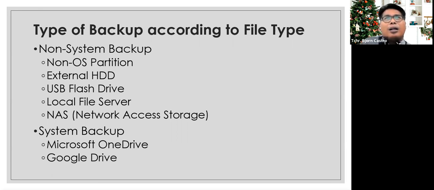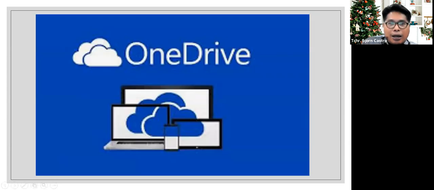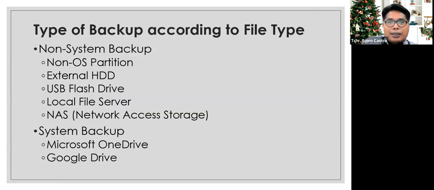Okay, so I think I didn't update this, but when we say file types, there are system and non-system files. Okay, let me update that. So there are system and non-system files.